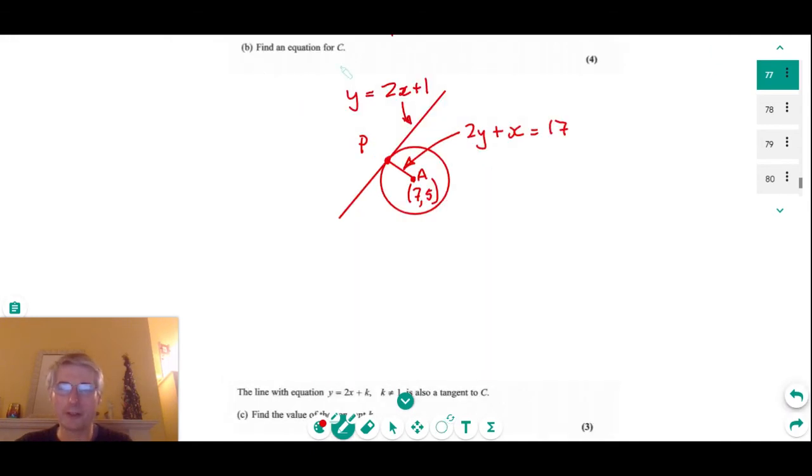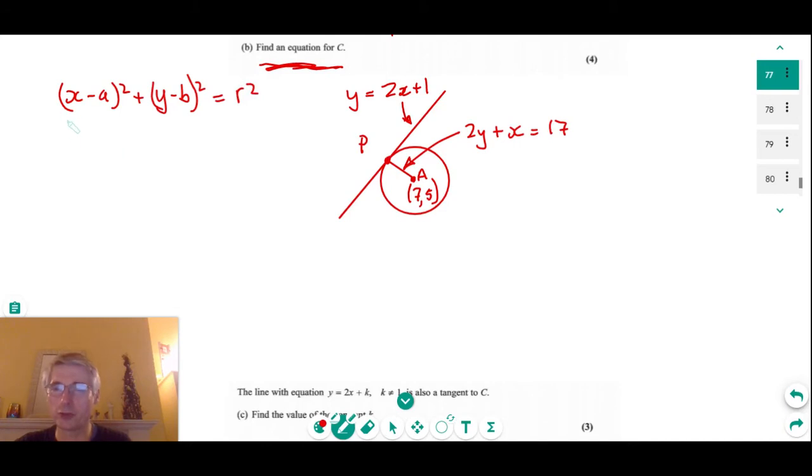For the next part of the question, we've got to find an equation for C, the equation of the circle. We're going to use the general formula for a circle, which is x minus a all squared plus y minus b all squared is equal to r squared.